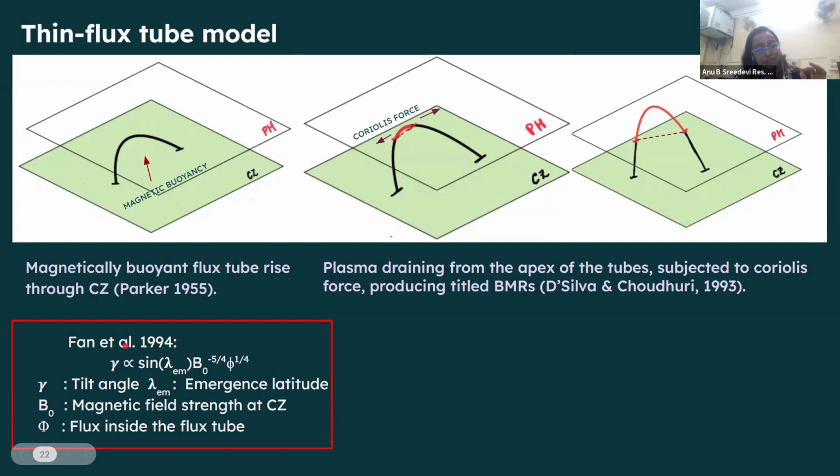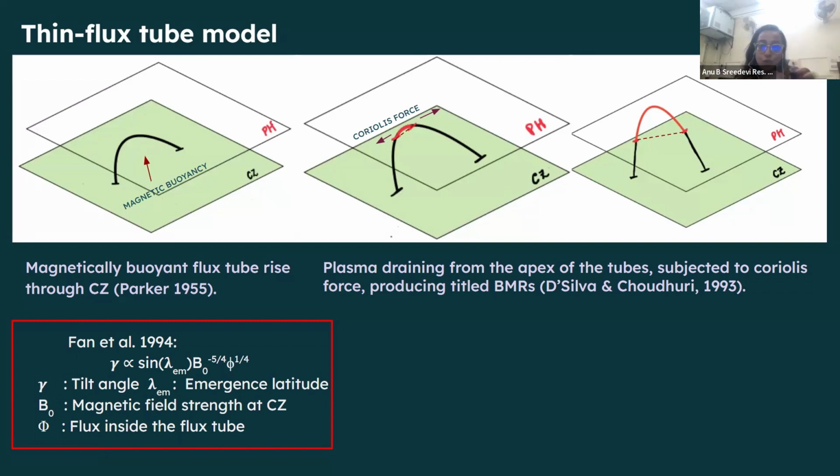This part is basically Joy's law. Now B0 here is the magnetic field at the convection zone of a BMR-forming flux tube. I hope it's clear.